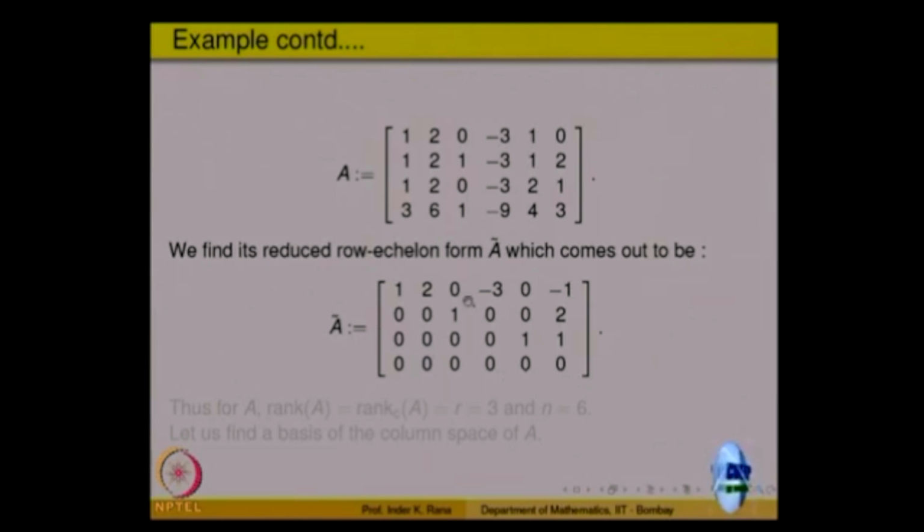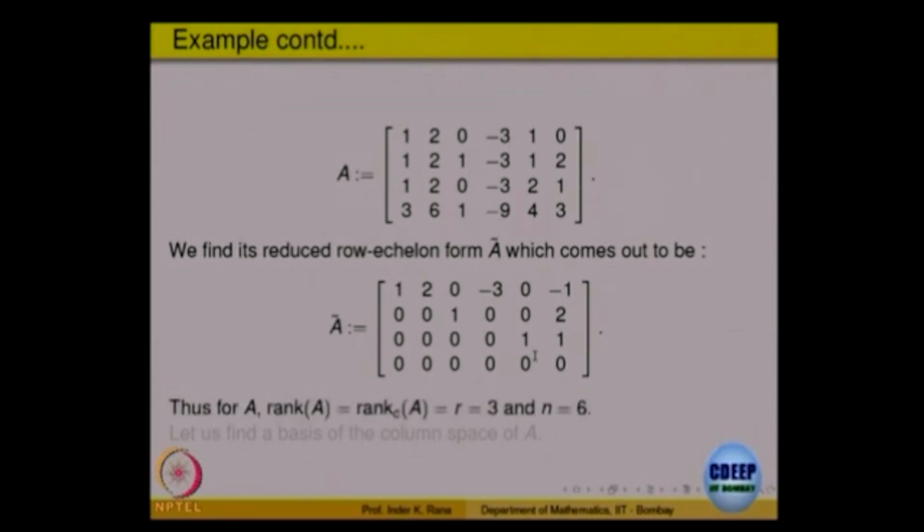We do not need the reduced row echelon form, row echelon form is good enough. What we want to know is where the pivots are coming. Here P1 is 1, P2 is 3 and P3 is 5.